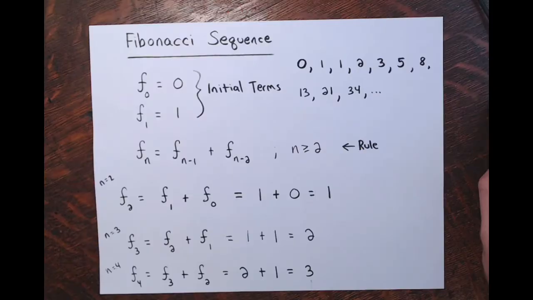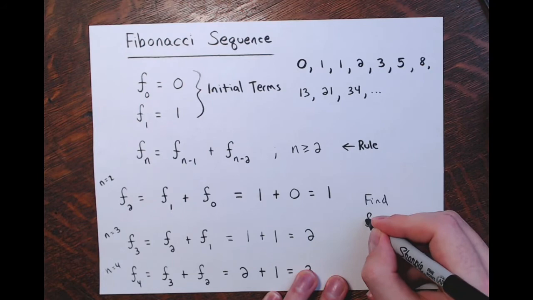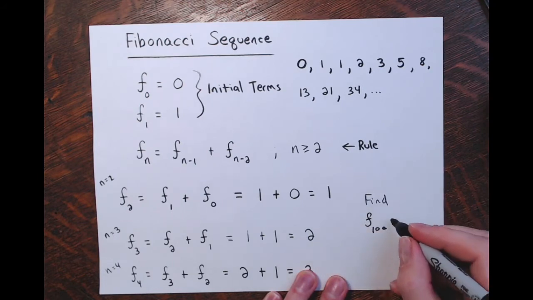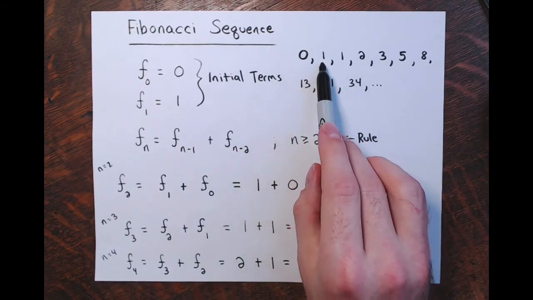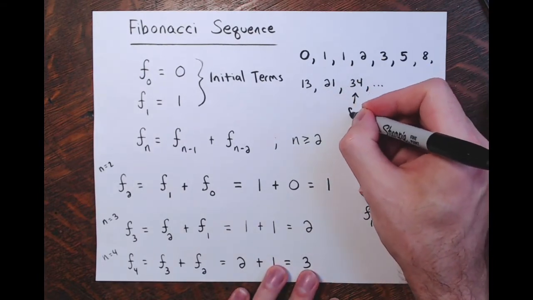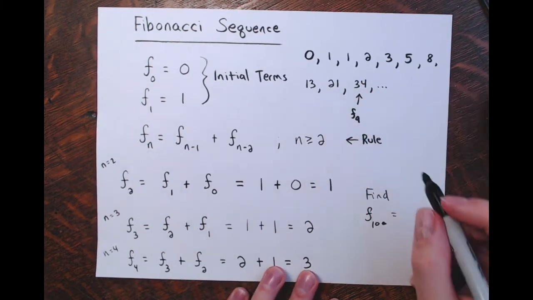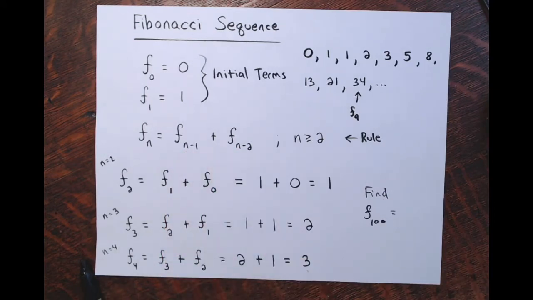Back in the Fibonacci sequence here, if I said find f100, that would take a while. Because right now I'm at 0, 1, 2, 3, 4, 5, 6, 7, 8, 9. Right now, this 34 is f9. I'd have to go and do this until I got to f100, right? I can't just plug 100 in and know what the term is. So that's the one drawback of a recursive formula, recursive relation.